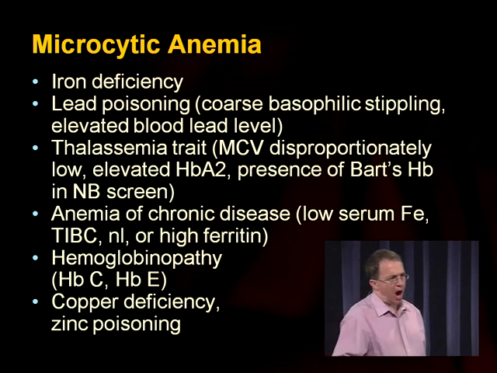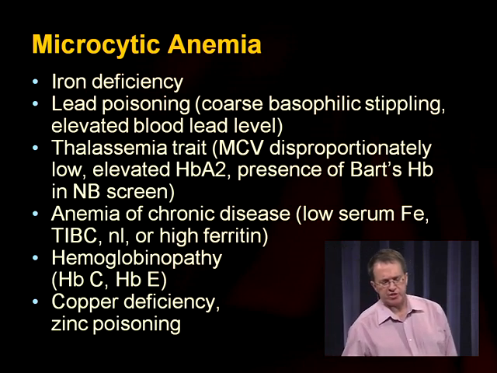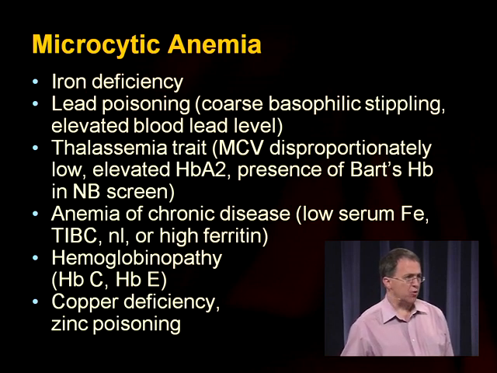In the sick child, and we see this a lot in oncology clinic, you'll see this with infections, you'll see this with rheumatologic diseases, you can have anemia of chronic disease. What's going to characterize your anemia of chronic disease is that your iron is low, your total iron binding capacity may be normal, but your ferritin is going to be normal or elevated, okay?